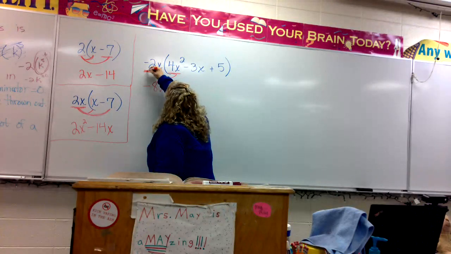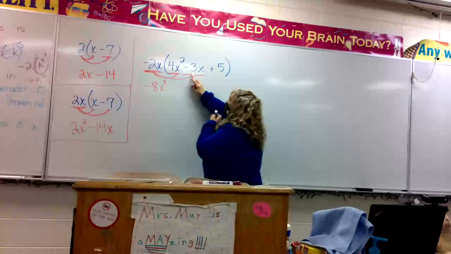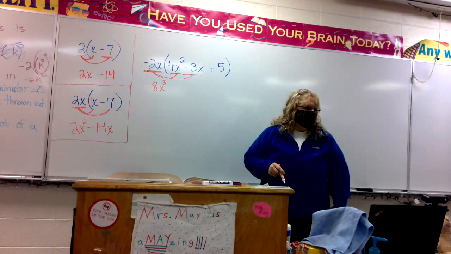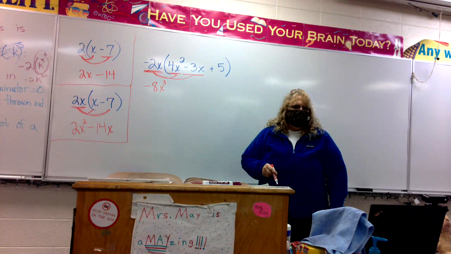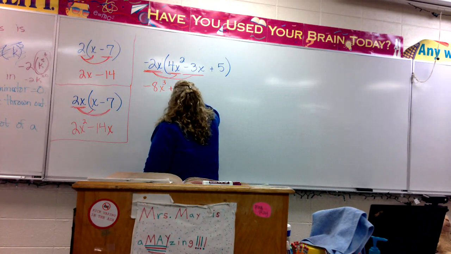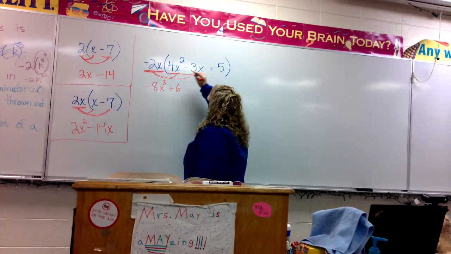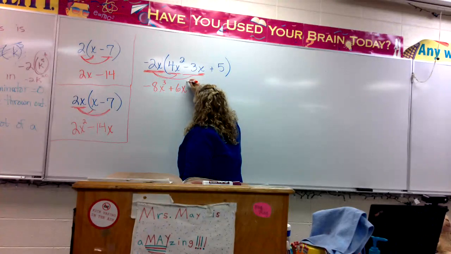Now move over and do this times the next one. What's -2 times -3? +6. And then I have an x times another x. X times x is x squared. Yep.